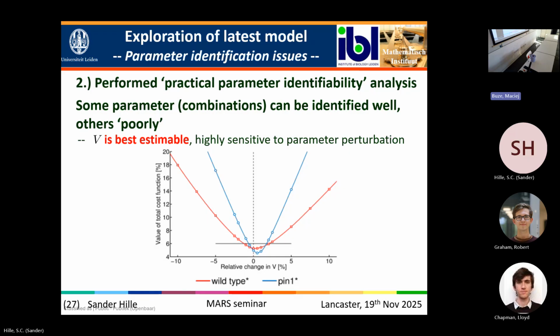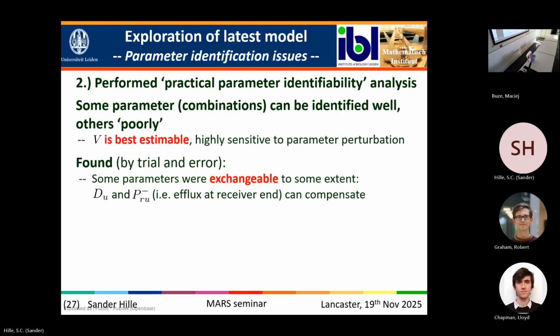So you see percentage. This is the total cost function that is optimized, and only a relatively small change in it, so up to 3% accuracy you can get on the v. What we also found, and that was by trial and error, that some parameters were interchangeable.